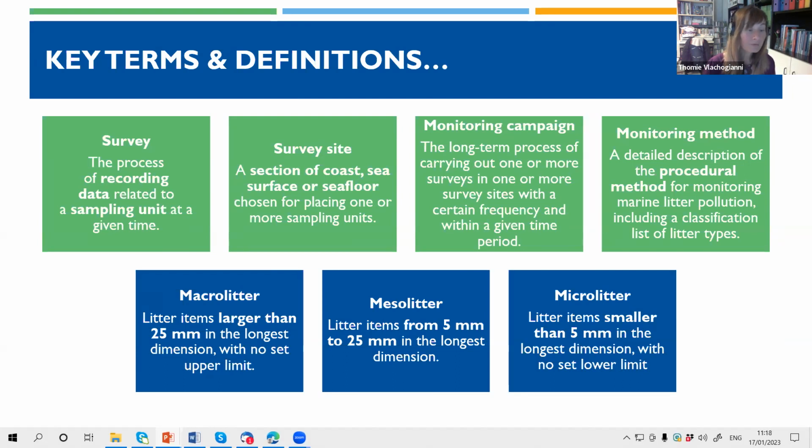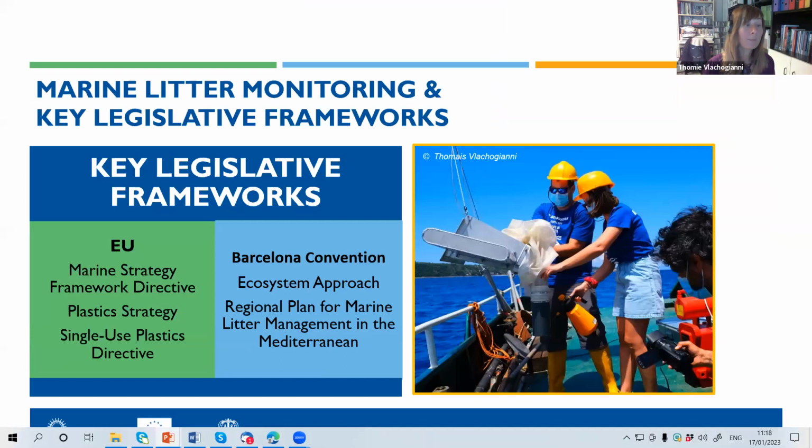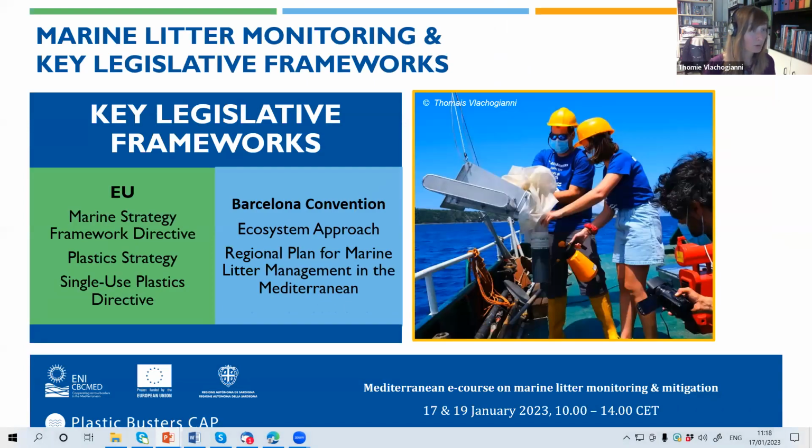And unfortunately, to date, there are no unified, harmonized approaches for mesolitter, which include the items from 5 millimeters to 25 millimeters in the longest dimension. But this is something that different scientific and policy groups are currently working on in order to come up with a harmonized protocol.